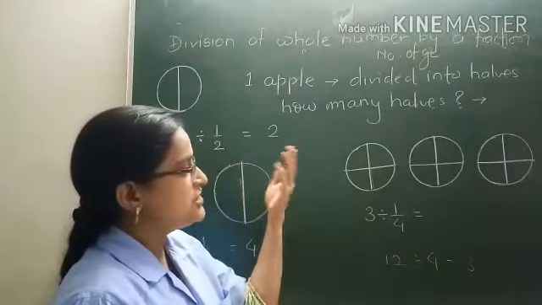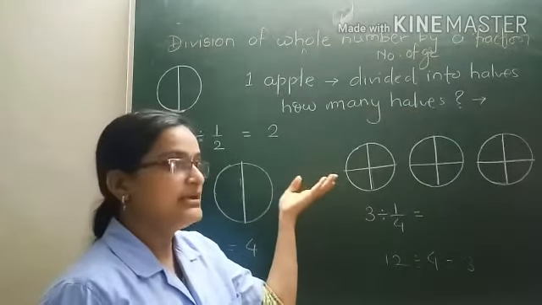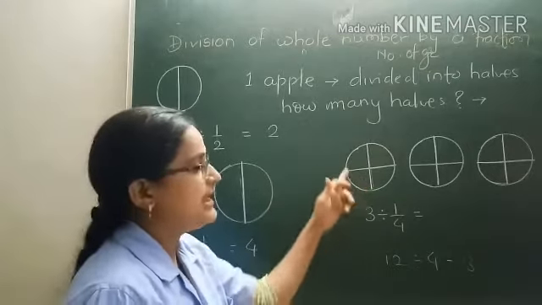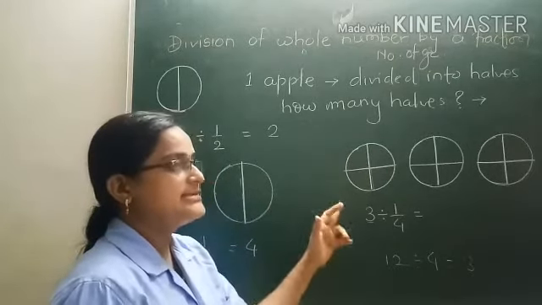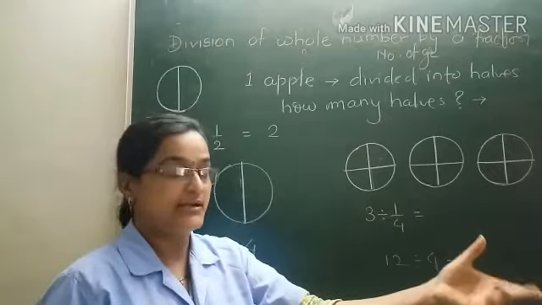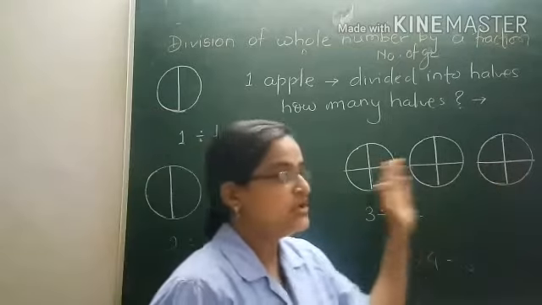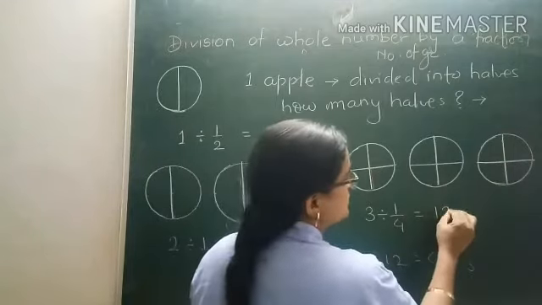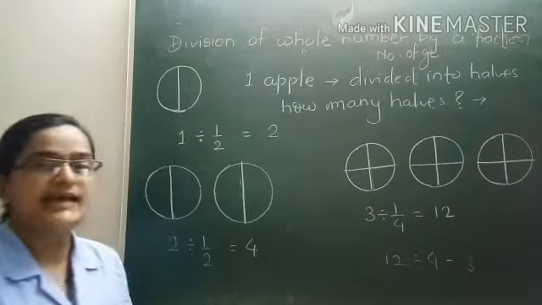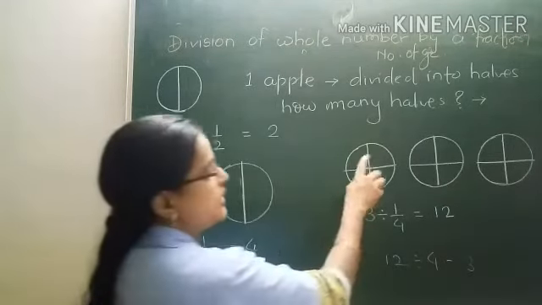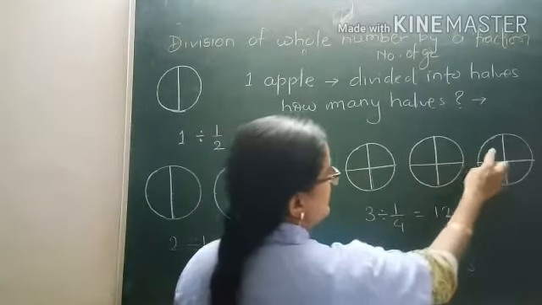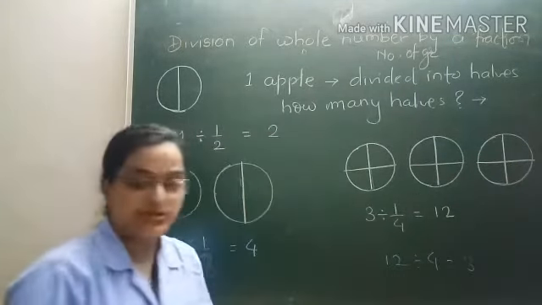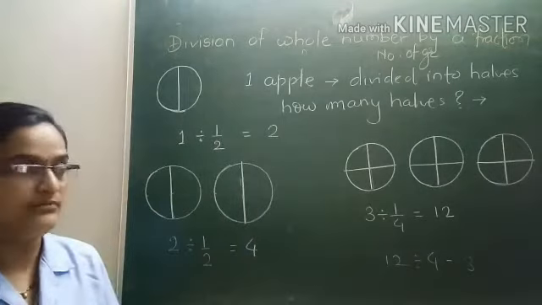I have cut 1 apple into 4 pieces and I give 1 piece to 1 child, right? So I have 3 apples. How many children will get the apple from me? 12 children will get it. See, 1, 2, 3, 4, 5, 6, 7, 8, 9, 10, 11, 12.